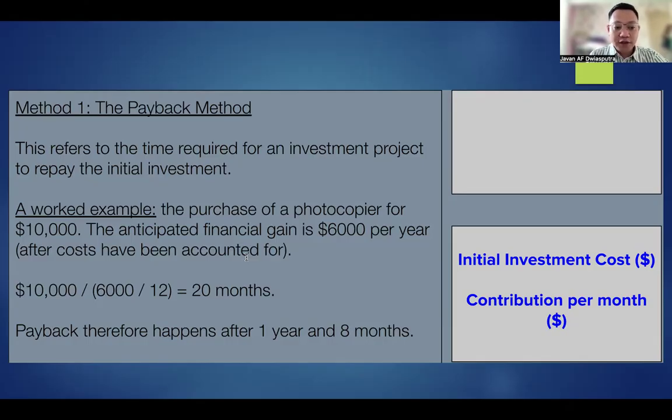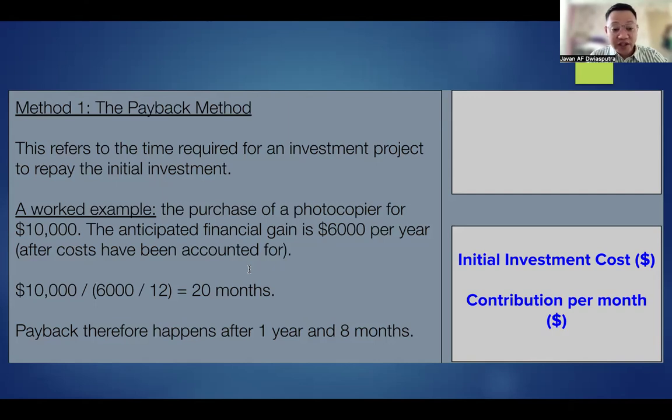We can convert this into years: 12 months is 1 year and the remaining 8 months, so the payback period is 1 year and 8 months.